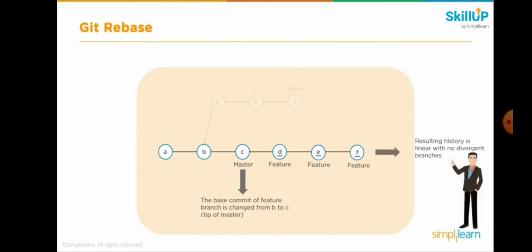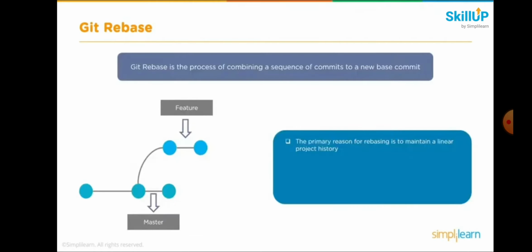Now, the benefit you have by going through the rebase process is that you're reducing the amount of storage space that's required for when you have so many branches. It's a great way to just reduce your total footprint for your entire project. So Git rebase is the process of combining a sequence of commits to form a new base commit. And the primary reason for rebasing is to maintain a linear project history.